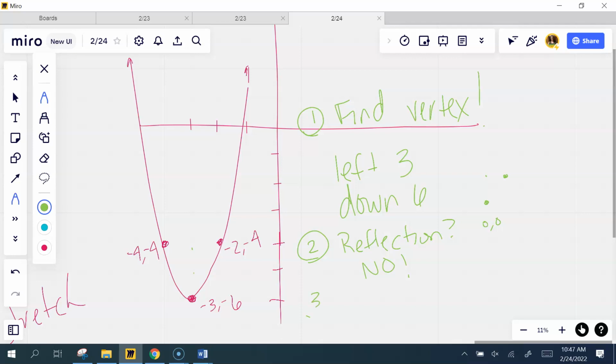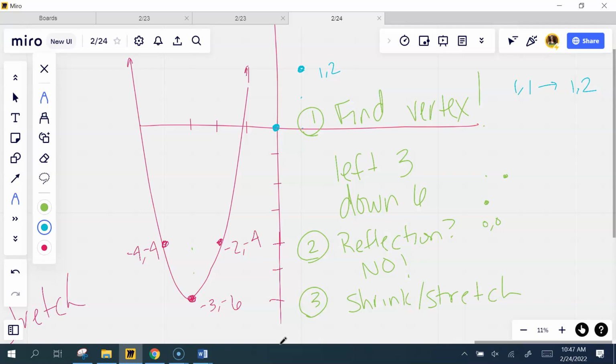To do that, if I slide this point back up to the origin where the parent goes, I would be at 0, 0, over 1, up 2, over 1, up 2. So this is 1, 2. So the point 1, 1 became 1, 2. What type of stretch or shrink is that?